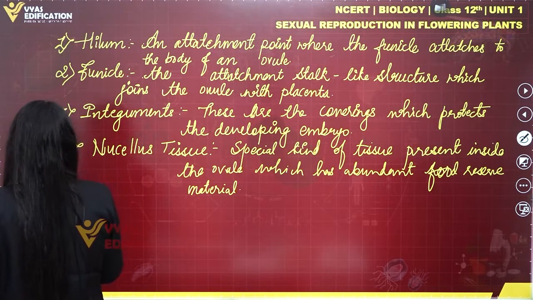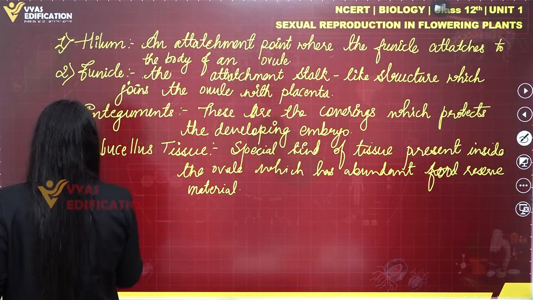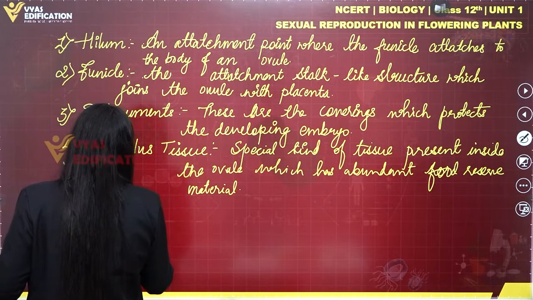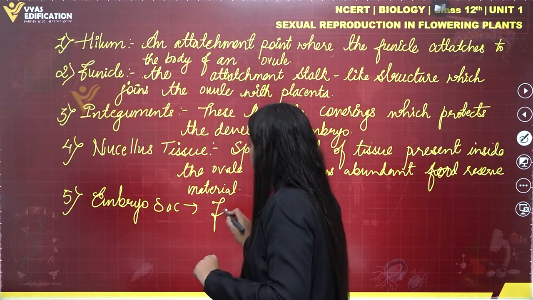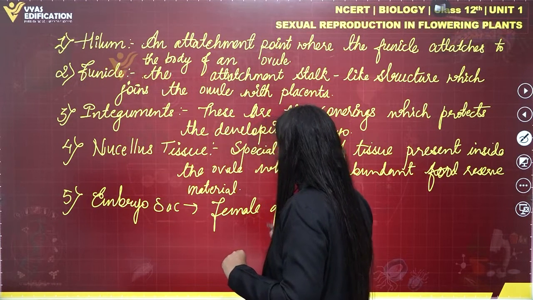Last but not least, the fifth one is embryo sac, which is also known as female gametophyte.